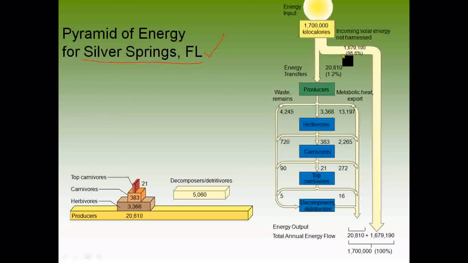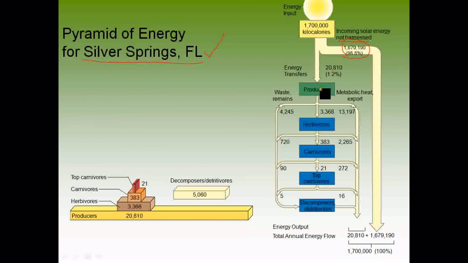Well, right away, remember we saw in a previous diagram that this is even worse than the 90-10 rule. Almost all of the energy that comes from the sun isn't even used. It's not harnessed at all. It's just lost. But out of the 1.7 million kilocalories, only about 20,000 is available for the producers.